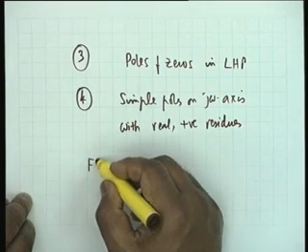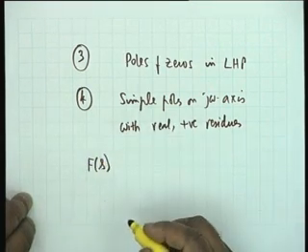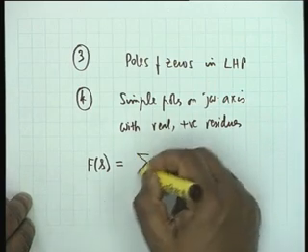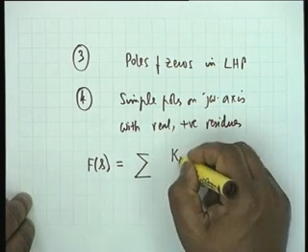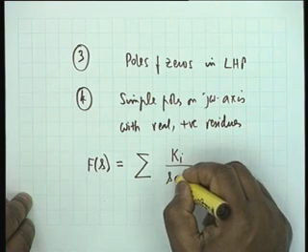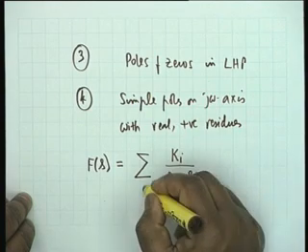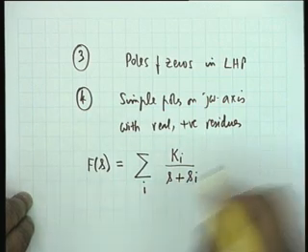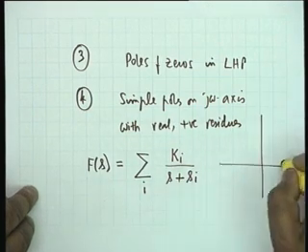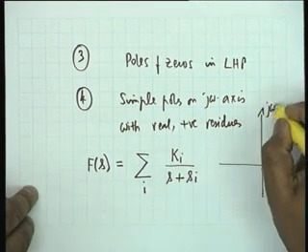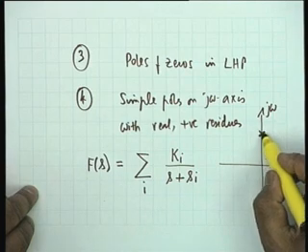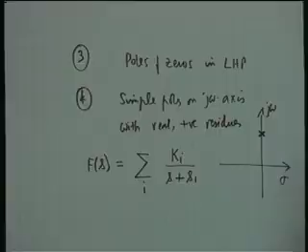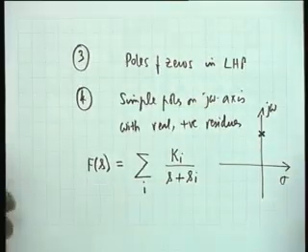Any rational function when expanded in partial fractions would be of the form, let us say, ki divided by s plus si. What do I mean by a pole on the j omega axis? That is, in the s plane there exists one or more points at which the function blows up, that is, the function becomes infinity.